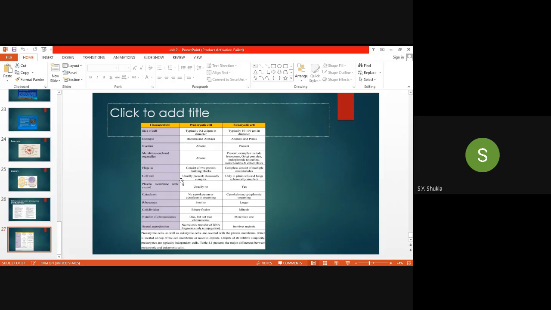Okay. The flagella. Flagella in the prokaryotes consist of two protein building blocks. That means the flagellin is there, and only one flagellin is there, and then the MS ring which is present in the basal body.